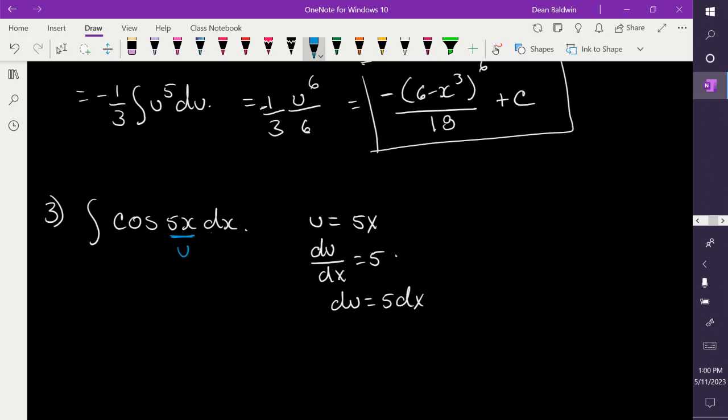I need to get rid of the dx. But this is 5 dx. So how do I get rid of the 5 here? Divide by 5. So now you can sub everything into your integral, and it becomes the integral cosine of u. And instead of dx, dx is now equal to du over 5.